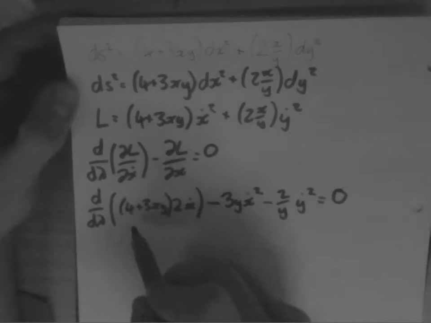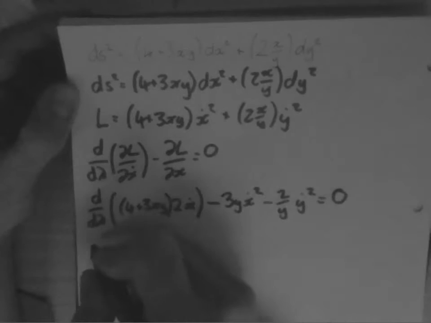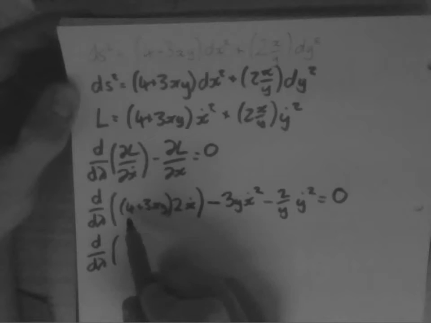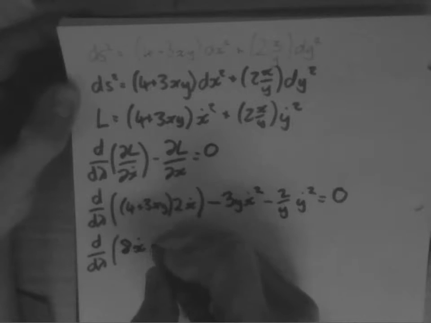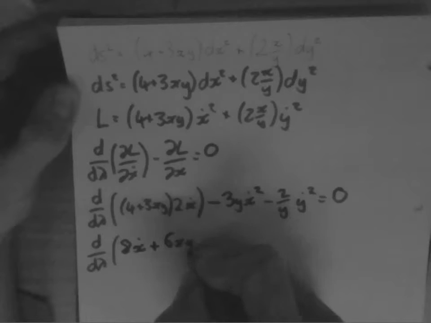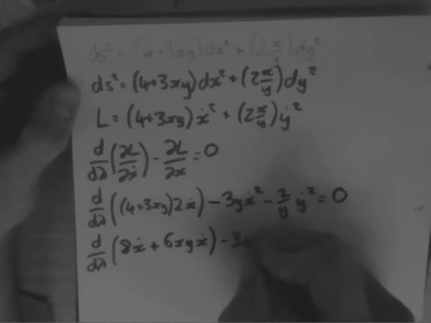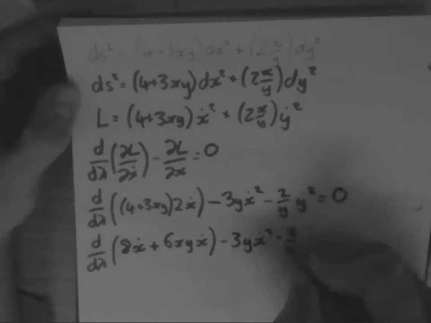Okay, so now I need to do the full derivative of this term here with respect to lambda. Let me just write this out. So this is d by d lambda of, in brackets, the 4 is going to give me an 8 x dot plus 2 times 3 is 6 xy x dot, minus 3y x dot squared, minus 2 over y, y dot squared, is equal to 0.